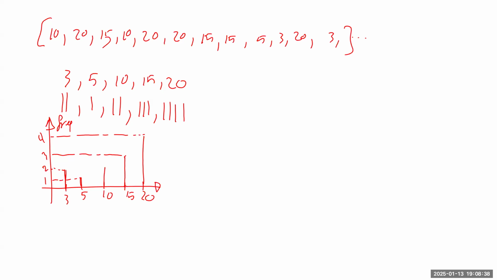Now, if we assume that our palette that we are selecting from includes the numbers from 0 to 20, do we see all the numbers here on this line? Do we see number 0? Do we see numbers 1, 2, 4, 6? No, none of them are represented.